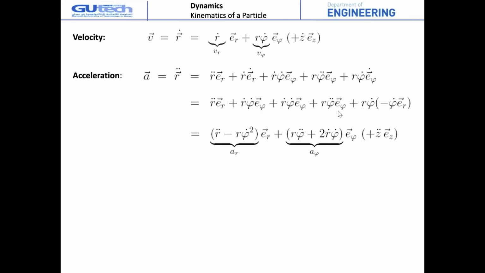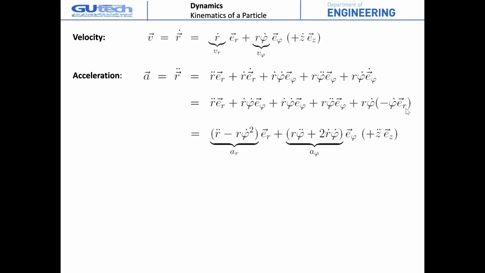If we assemble all terms along the radial direction and the phi direction, the point is that er dot is only phi dot e phi, as we have seen two or three slides before. The same for e phi dot, it is only minus phi dot er.